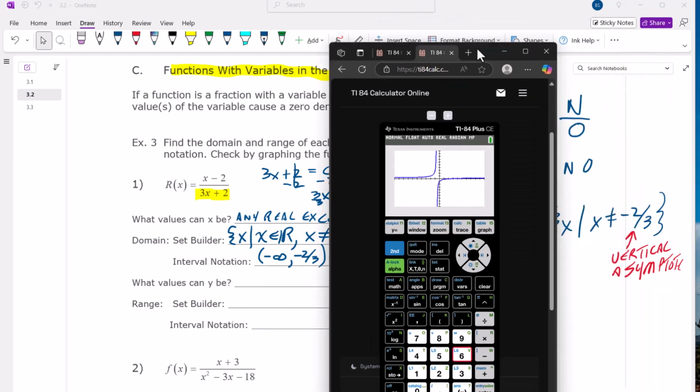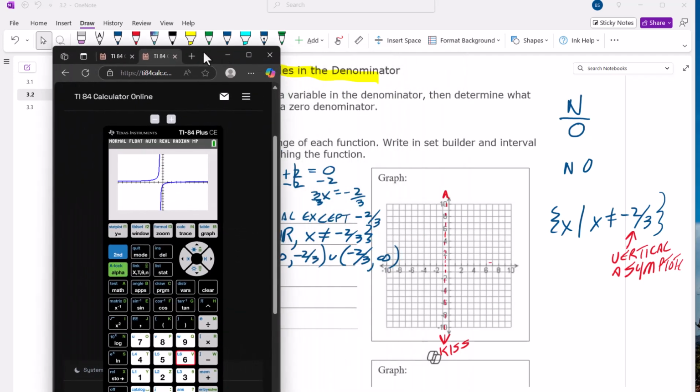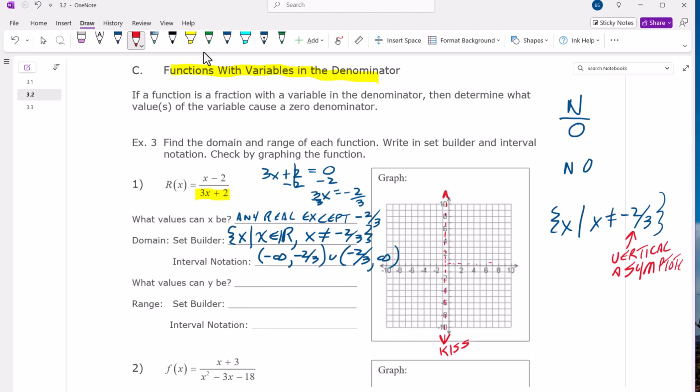This thing also has what we call a horizontal asymptote. And that horizontal asymptote is going to be at 1/3. We're going to review that kind of stuff a little bit more in depth, but the idea is if x gets infinitely big, then the 2's don't really matter.